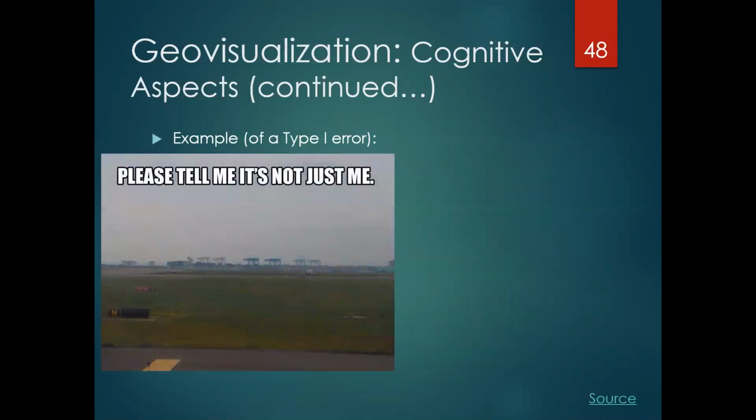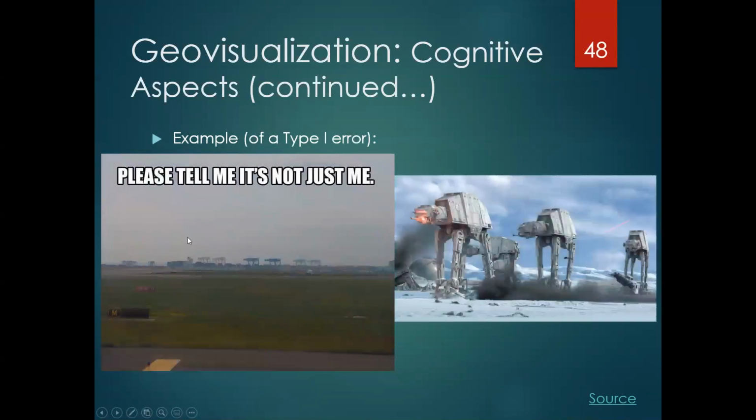Example for type 1 error. You are looking at a picture. How about these container loaders at this harbor, right? Do you see any pattern there? If you have ever seen a Star Wars movie, you know they look like something else. They are container loaders, but they look like these battling robots, I think it's called AT-AT, from Star Wars, right?